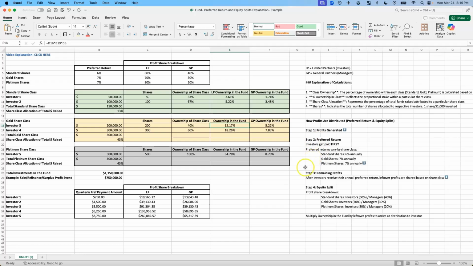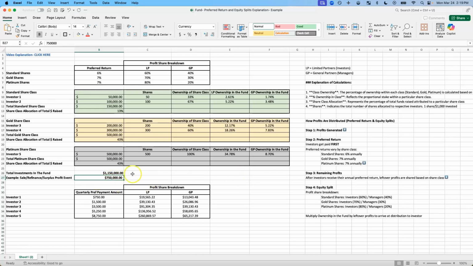And from there, once the preferred return is met, then that's when we go into the GP-LP splits that you could see here. So in this example, we have an example of 750,000 based on, let's say we sell a property or a refinance. Basically, there's a big profit event.